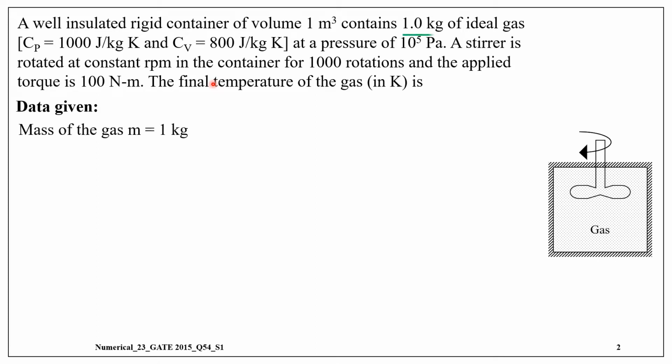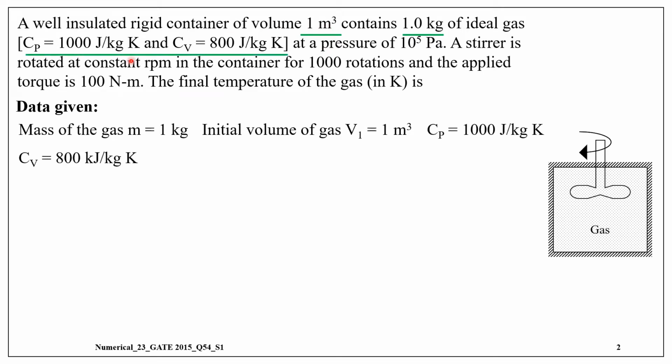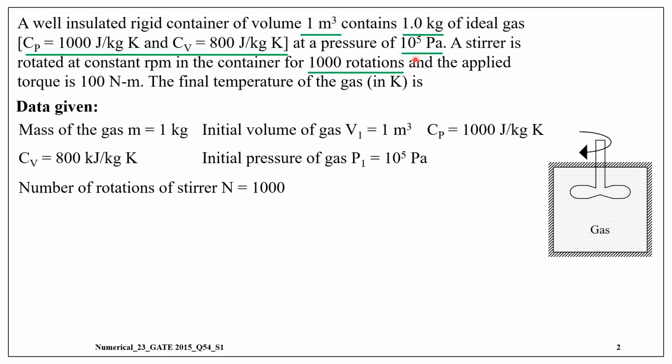Data given: mass of the gas m, initial volume V1, Cp and Cv values, initial pressure P1, number of times the stirrer rotates, the torque on the stirrer are given.